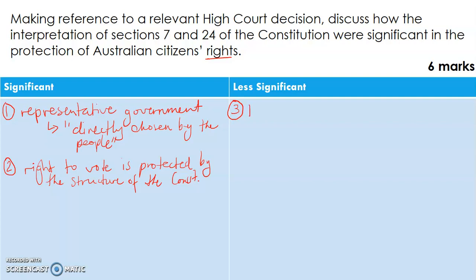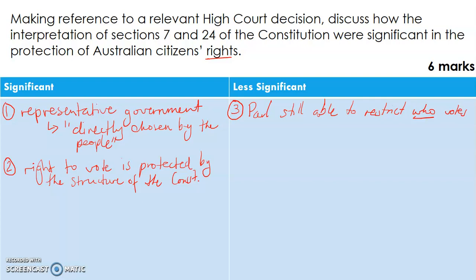So Parliament is still able to place some limitations or to restrict who votes to some extent. Okay, so you can argue there that, look, yes, the High Court said that there is a right to vote protected by the structure of the Constitution. However, Parliament still has the ability to restrict who votes. You can talk about that First Amendment.